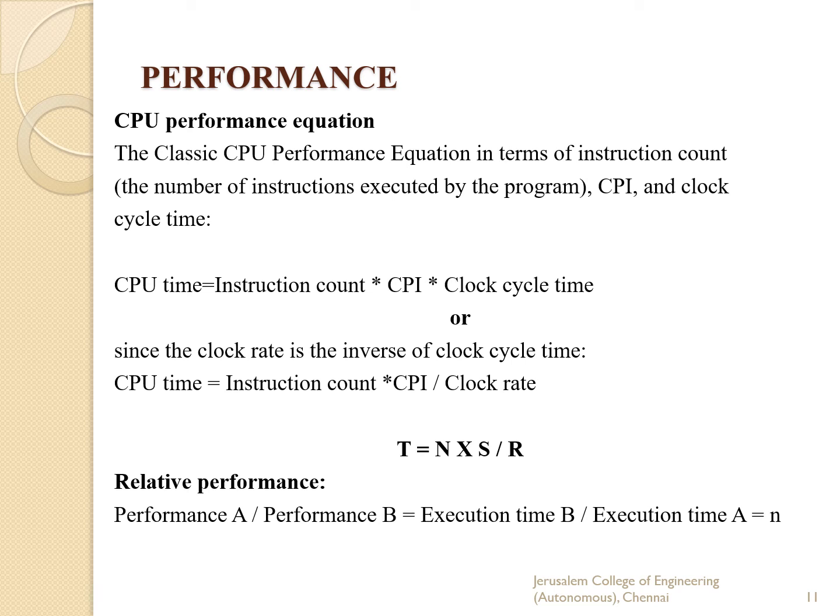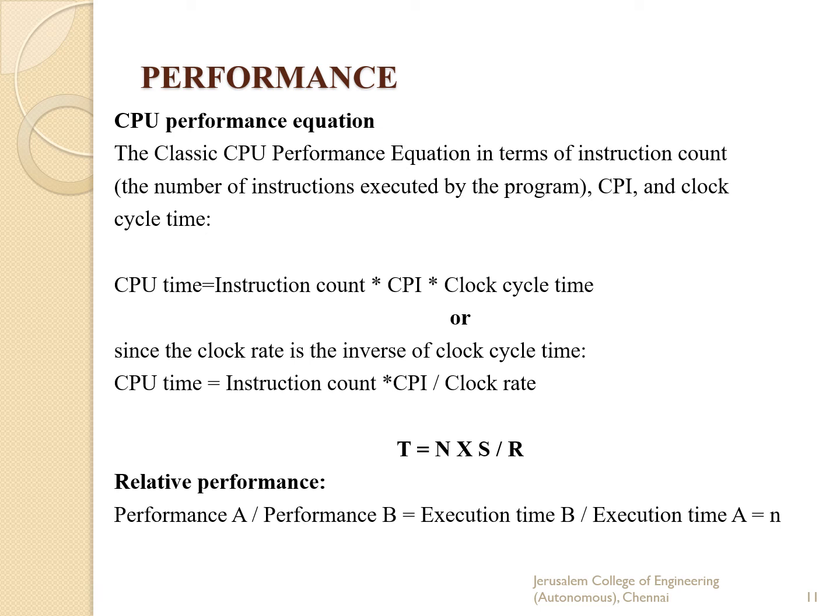So we can represent it as instruction count into clock cycles per instruction by clock rate, or into clock cycle time. It is represented as T, which is nothing but the CPU time, equal to N, which is the instruction count, into S, which is the clock cycles per instruction, by clock rate R.